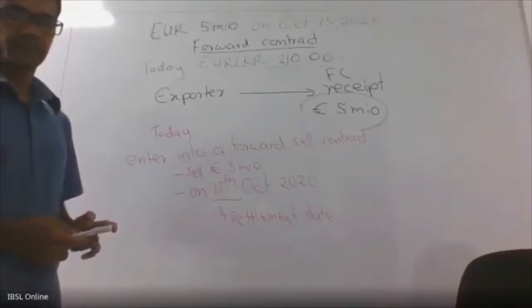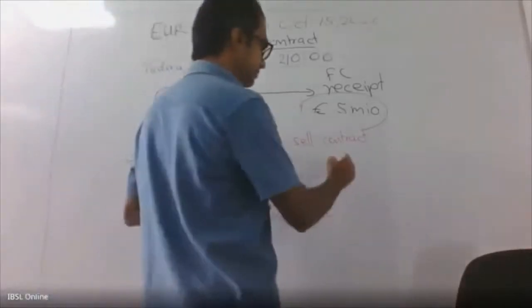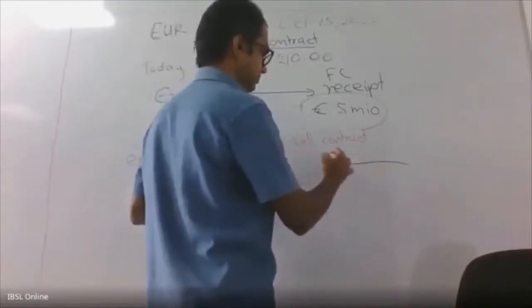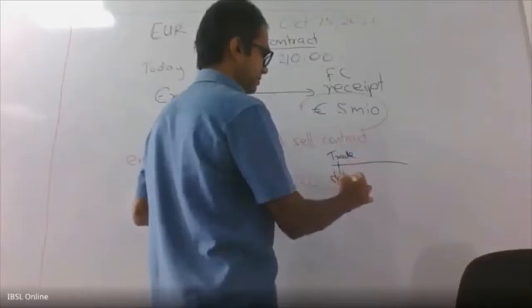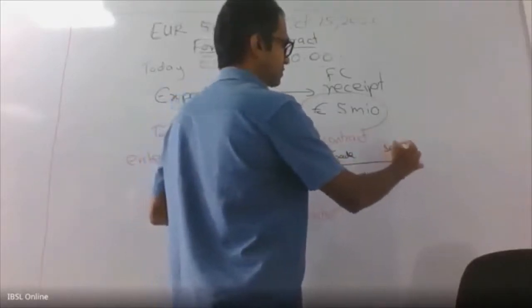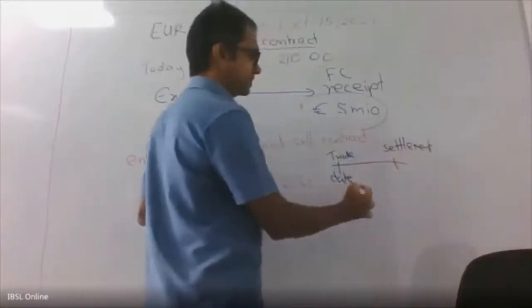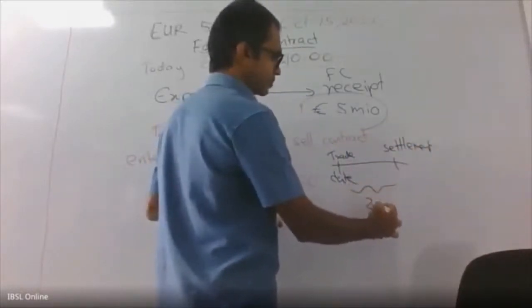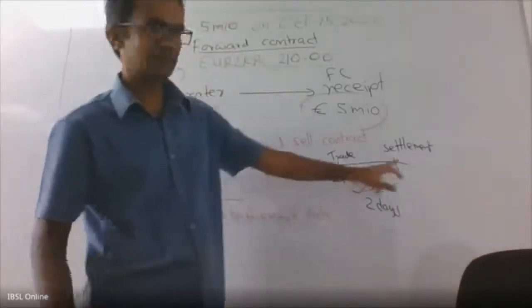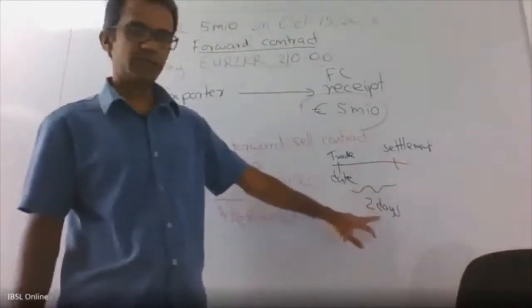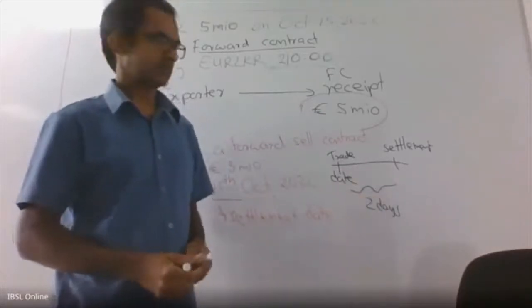If the trade date and the settlement date differ by just 2 business days, we call it a spot transaction.